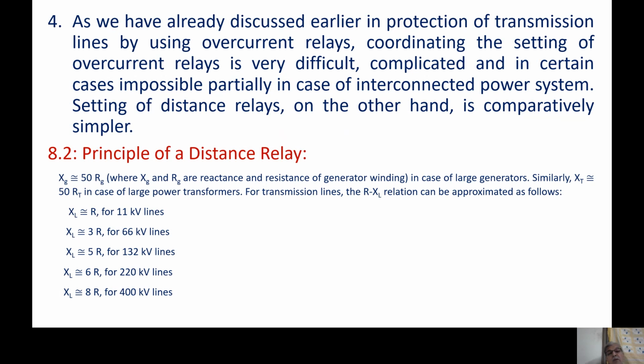The fourth problem, and probably the worst problem, arises if we talk about the interconnected system. Say in one state, Gujarat, there are 100 transmission lines and 200 relays. In that case, it is quite possible that one relay is backed up by some 11 or 12 relays.